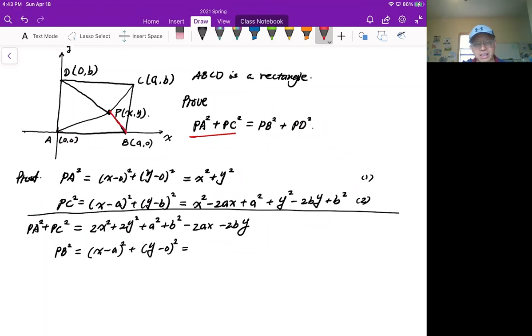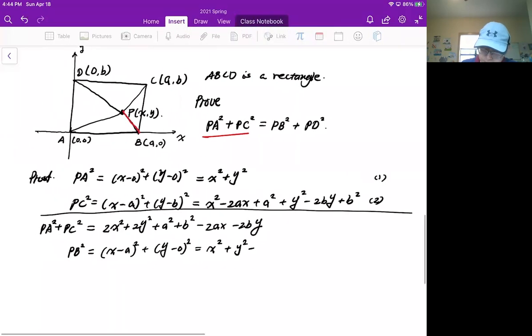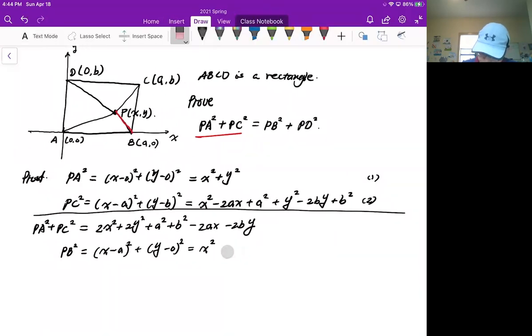That's a distance formula, right? The distance formula. So first one is x squared, second one is y squared minus... Oh no, wait a second. So I get the negative 2ax and a squared, and then the y squared.